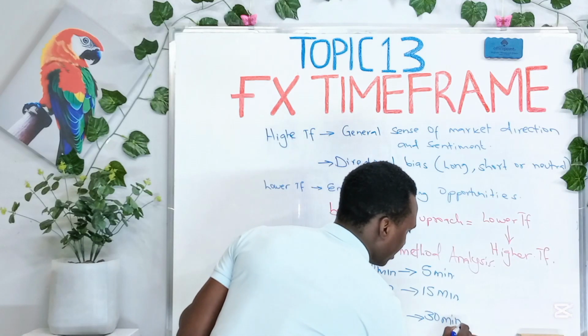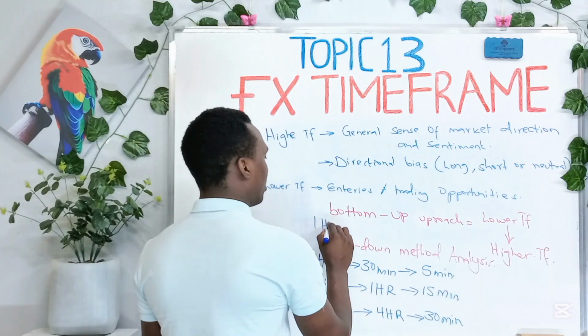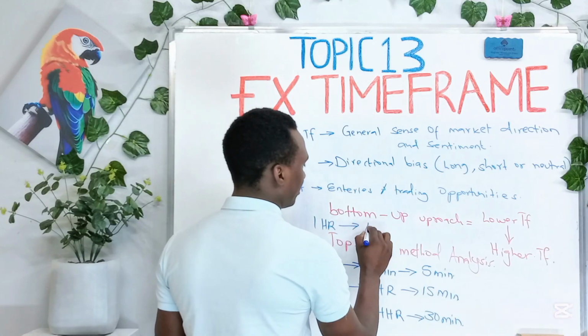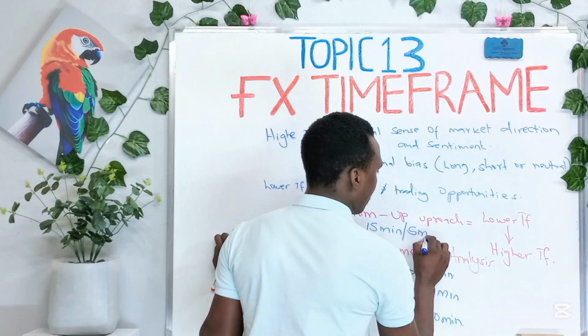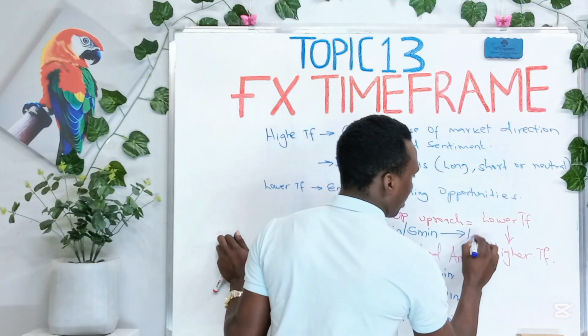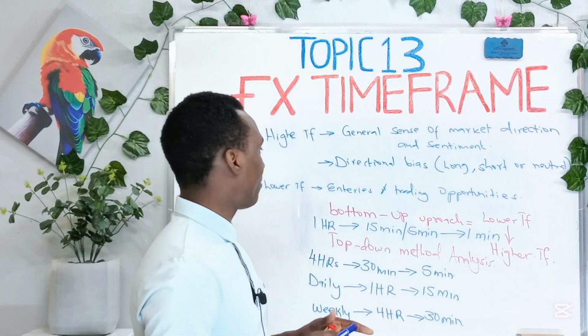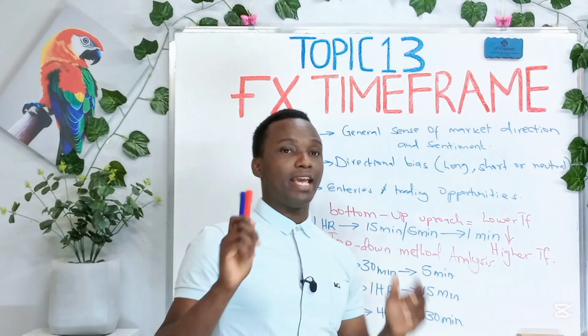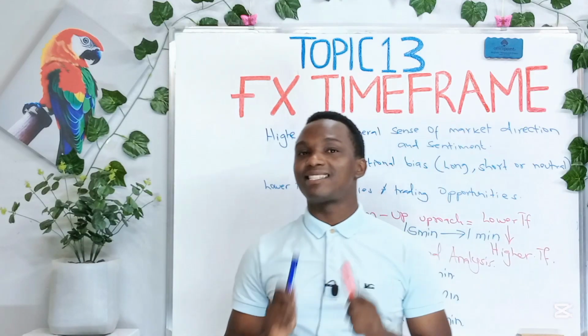You can even do 1 hour down to the 15 minutes or 5 minutes, and then to the 1 minute in case you are a scalper. Any question? It is as simple as that.